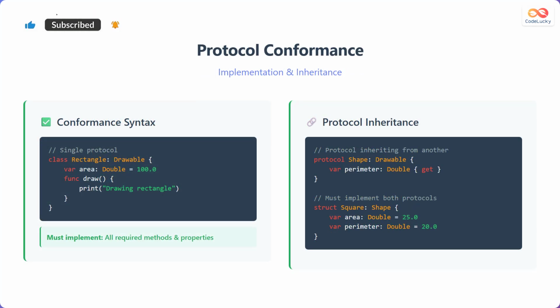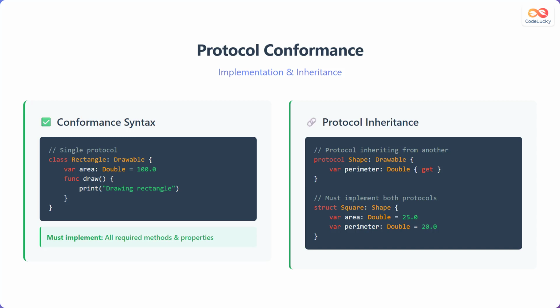When a type conforms to a protocol, it must implement all required methods and properties specified by that protocol. Swift will generate compile time errors if you forget to implement any required protocol members. This ensures type safety and prevents runtime errors. Protocols can also inherit from other protocols, creating a hierarchy of requirements.